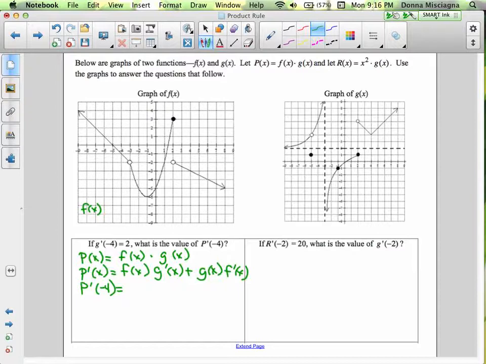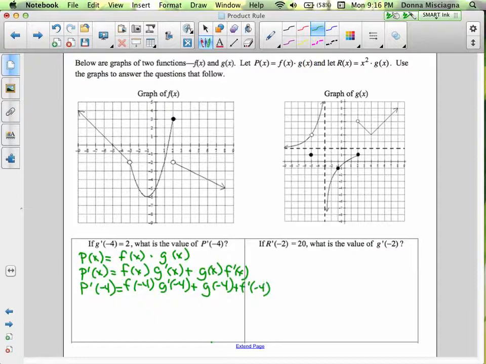So f of x, excuse me, f of -4. Not f of x, f of -4. Let's actually write in the -4s. Okay, there we go.